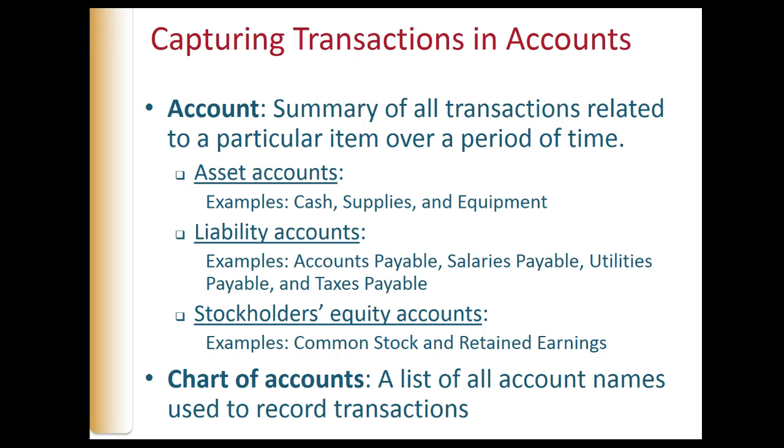Are you getting the hint on a lot of liability accounts? They end in payable. There are a couple liability accounts that don't have the word payable, but I'll guarantee you 99% of them do. Little hint for you there. And then stockholders' equity accounts include common stock and retained earnings.